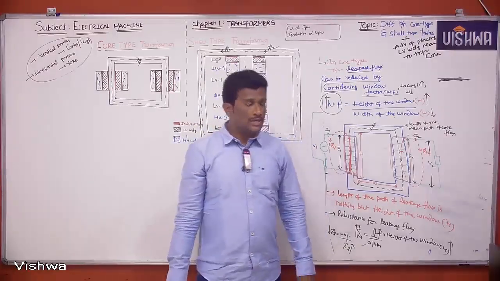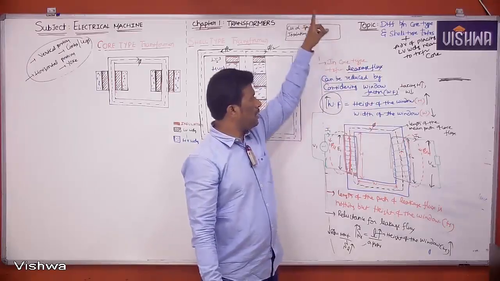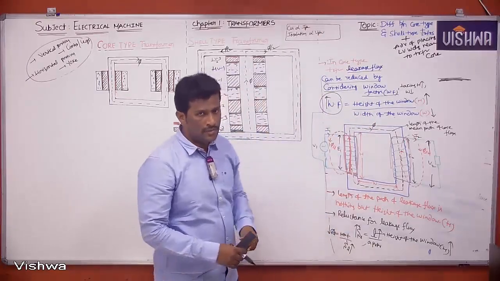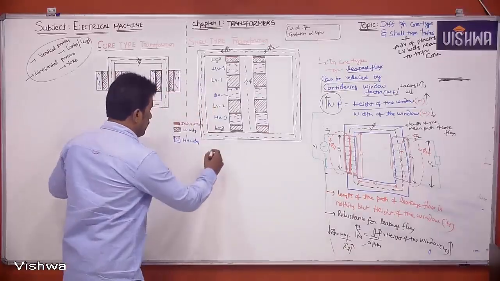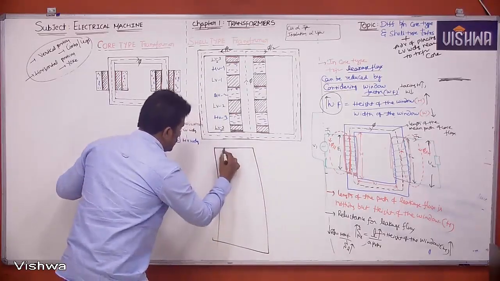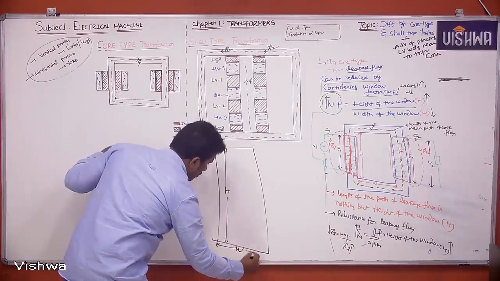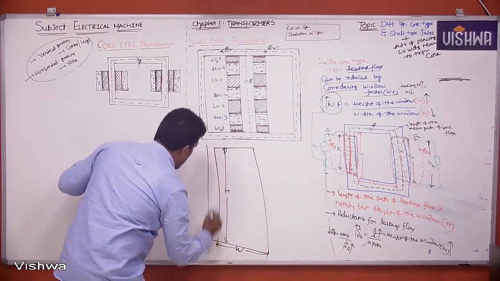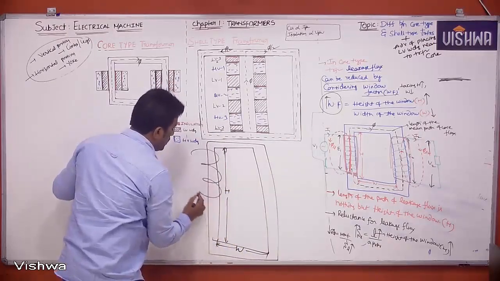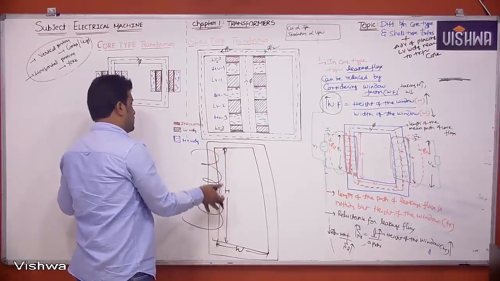Some people will think, sir, let me keep more height so that I can reduce leakage flux a lot. No, that is a different case. If you keep more height, obviously the length of the path for leakage flux increases.